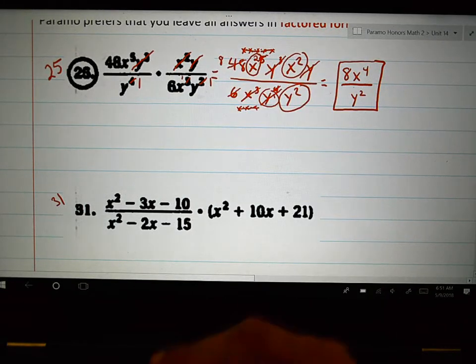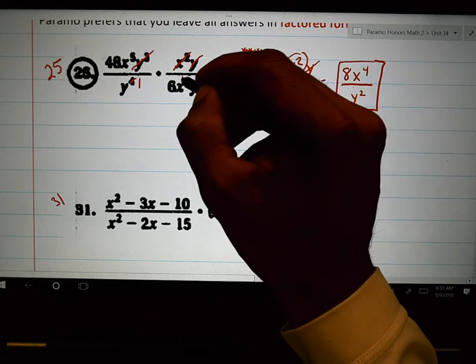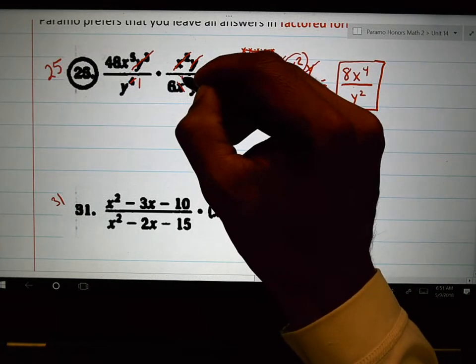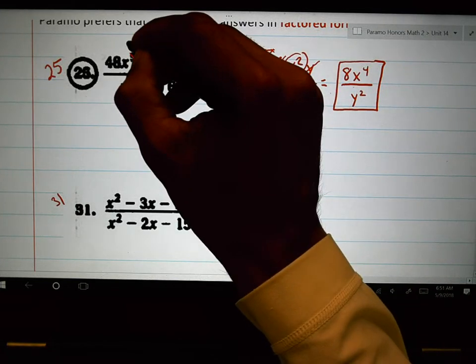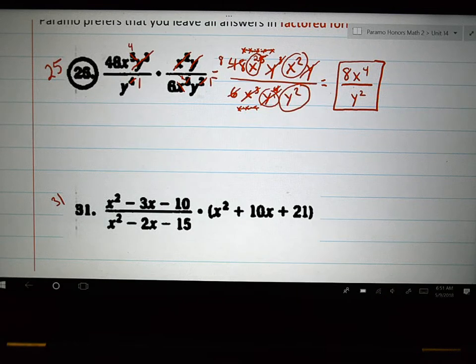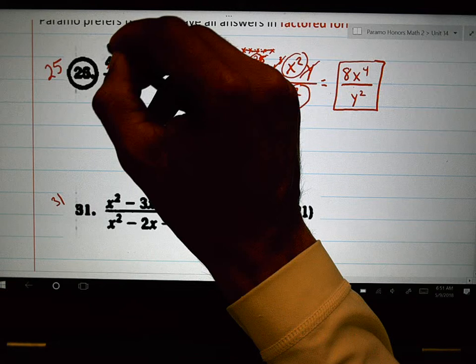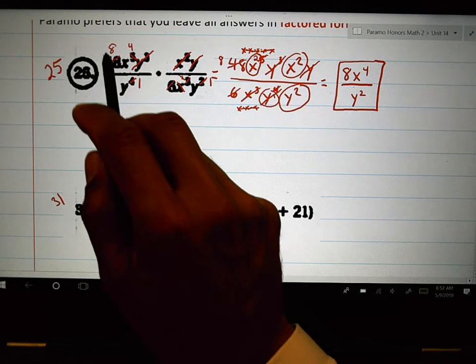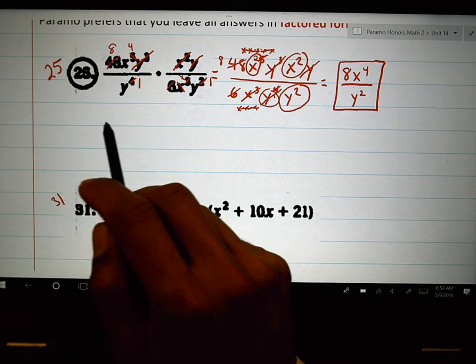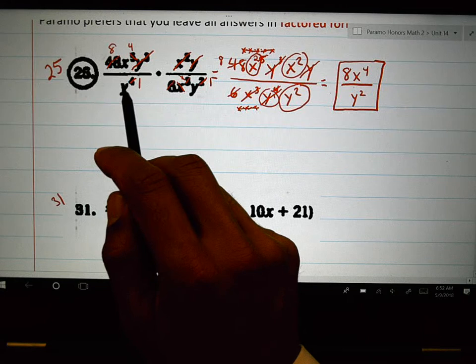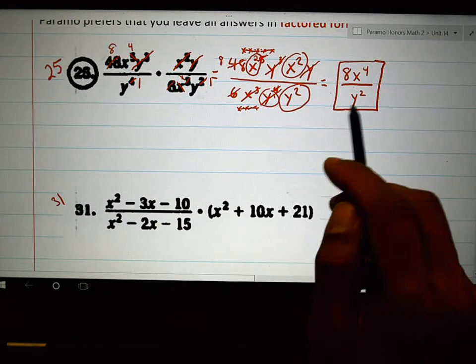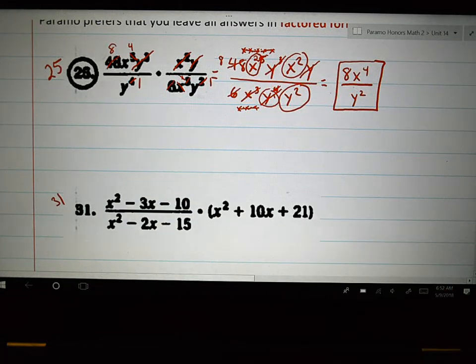You could have even done this, x to the first, and over here and make that x to the fourth. And then you could do 6 goes into 48 8 times, and you would be left with 8x to the fourth over y to the first times y to the first is y to the second. It's the same answer.